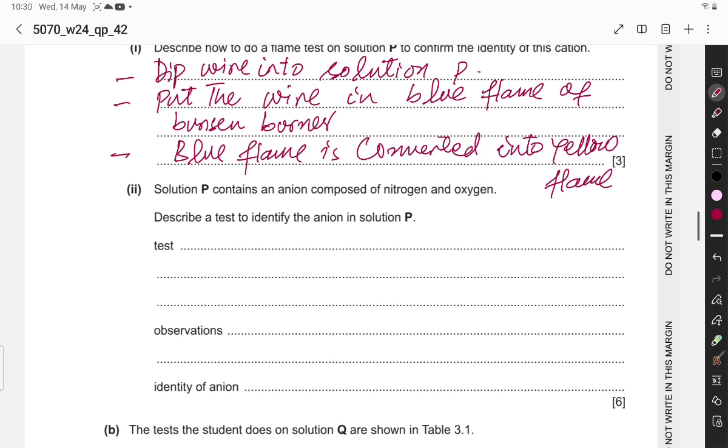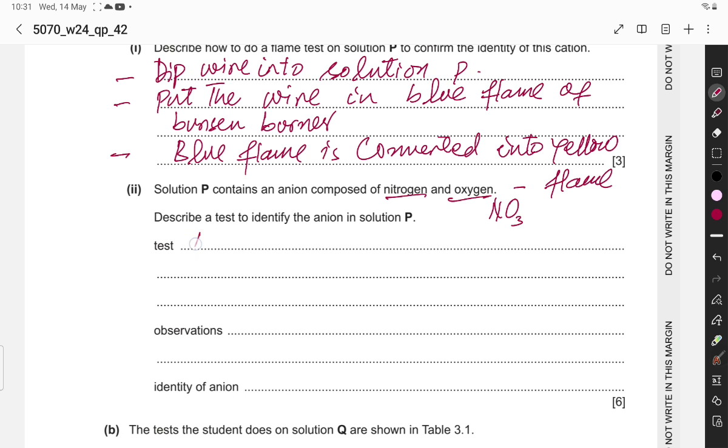Solution P contains an anion composed of nitrogen and oxygen. Describe a test to identify the anion in solution P. Nitrogen and oxygen mean that it contains nitrate ion.